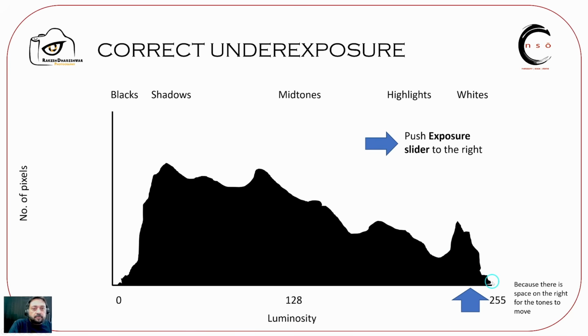You stop at 255, and here we have a perfect image, within 0 to 255, perfectly exposed, and we corrected the underexposure. This is because there was free space on the right for all the tones to move.